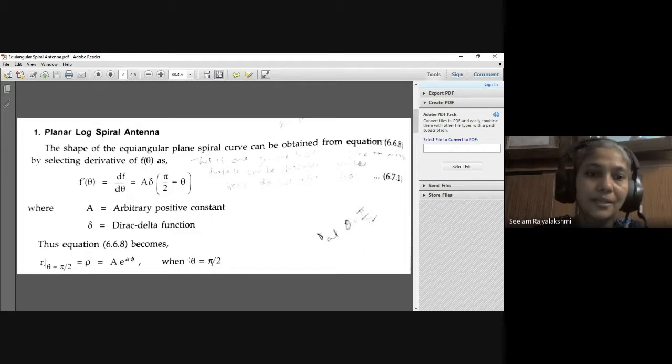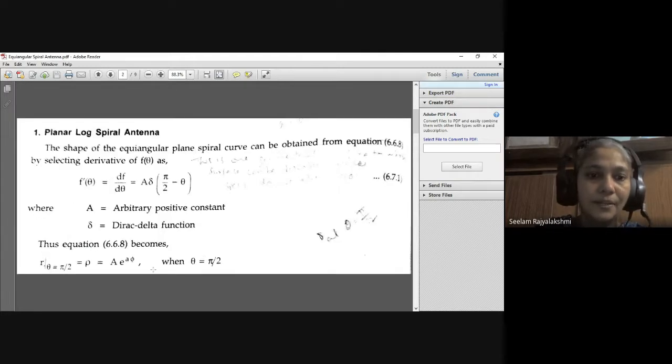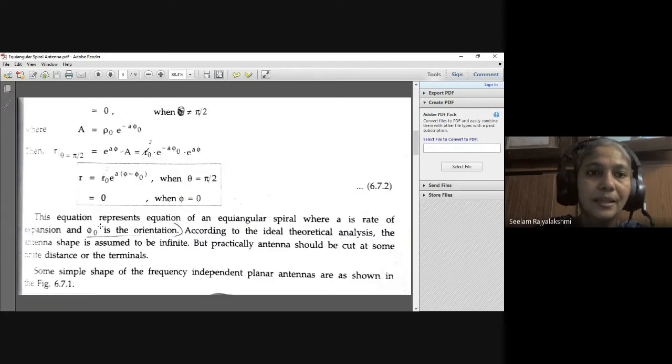When theta is not equal to pi by 2, rho becomes 0. Here, when theta equals pi by 2, rho equals a into e power a phi. When theta is not equal to pi by 2, rho equals 0. The value of a equals rho naught e power minus a phi naught.